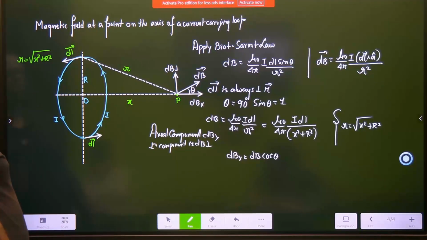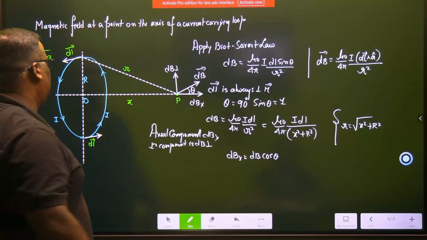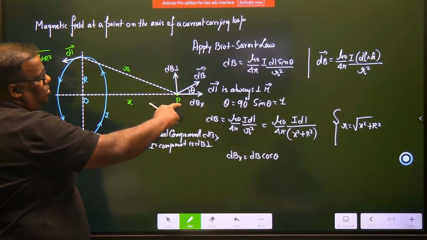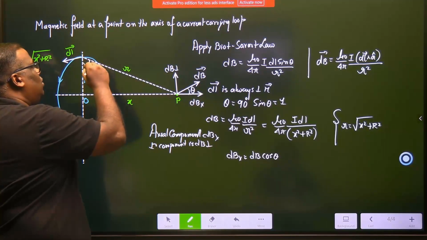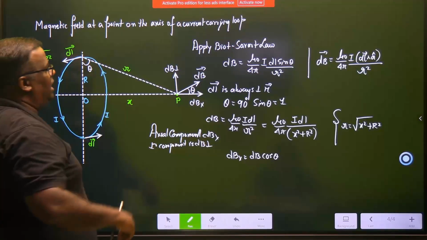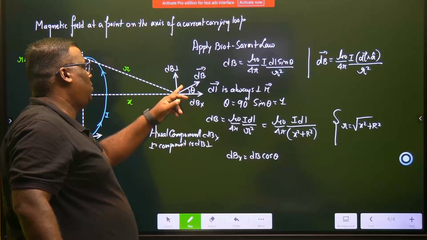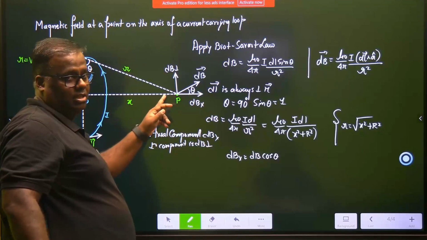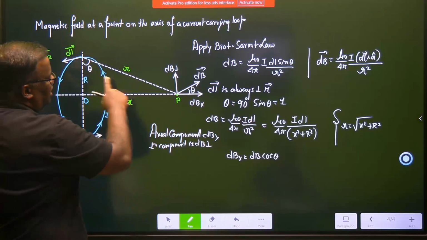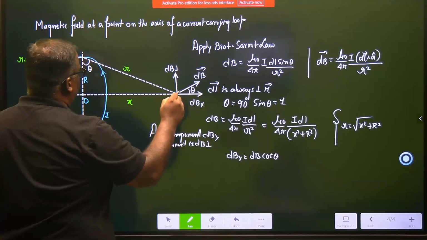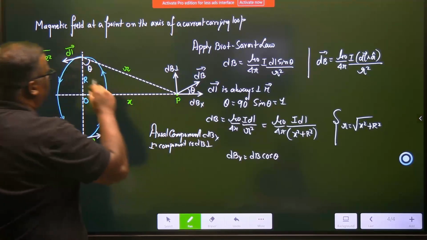Now, if we apply geometry, this angle is theta. Look, theta is theta. This angle will also come theta. The idea is this is 90 degrees. Again, the entire angle is like an exterior angle for these two angles.